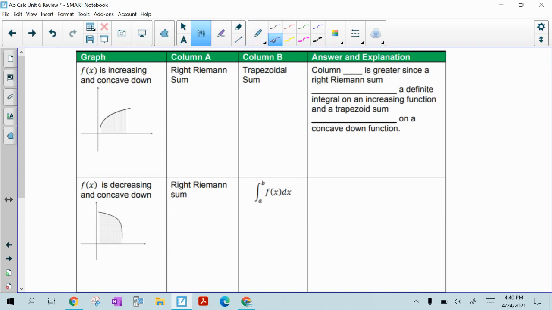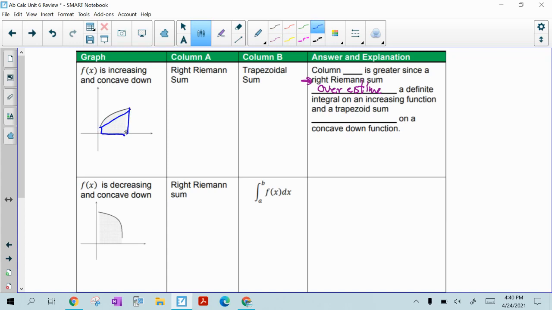Number one, given what I've got here, it says you're going to use a right Riemann sum, which would mean something that looks like this. Now, clearly, that is going to be an overestimate. My right Riemann sum is going to be an overestimate. Then I'm going to look at a trapezoidal sum here, and I'm going to just make one giant trapezoid because it's super easy to draw.